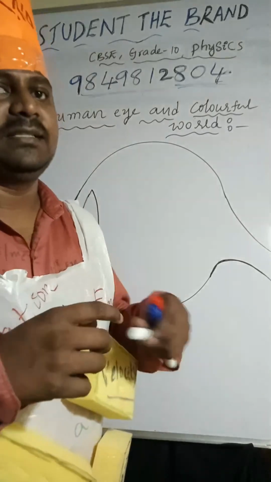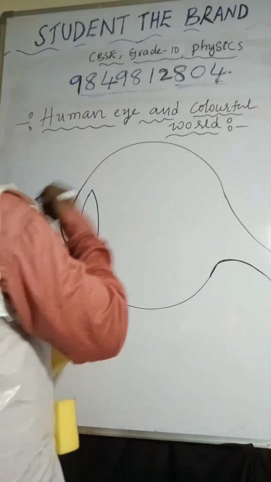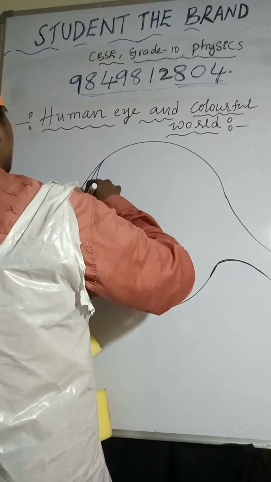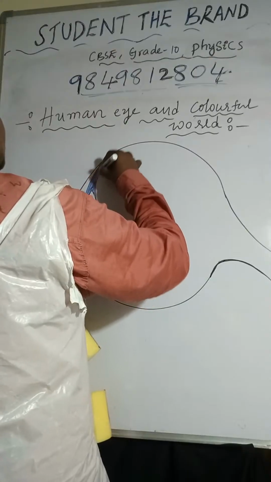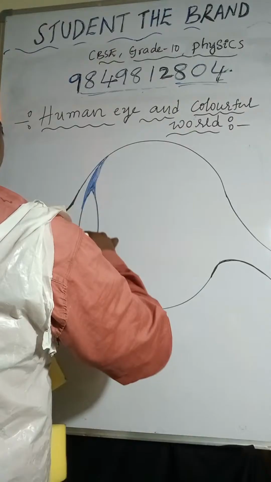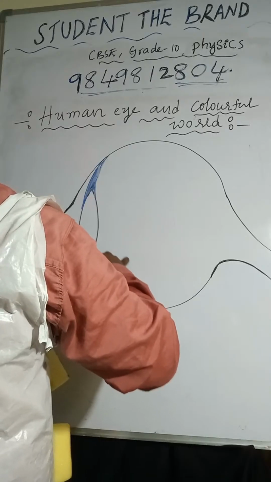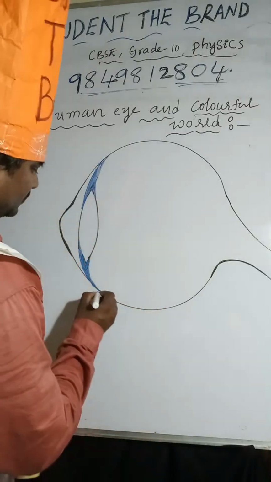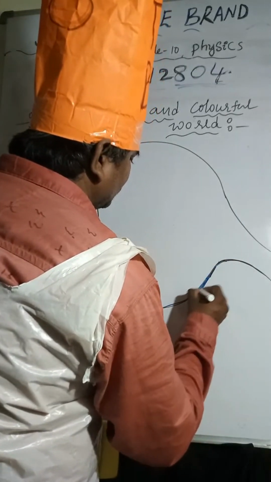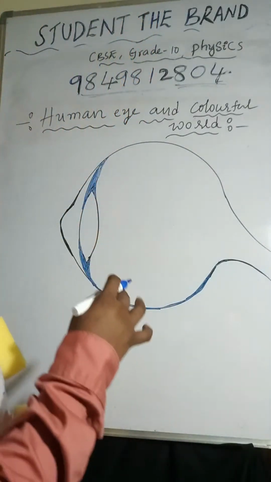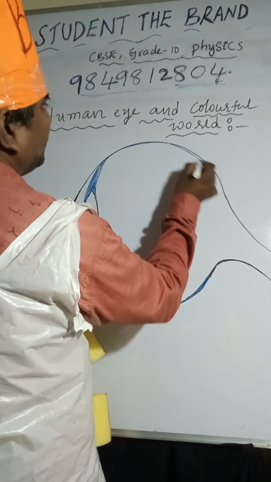Convex lens, the crystalline lens. Here you can observe the human eye.